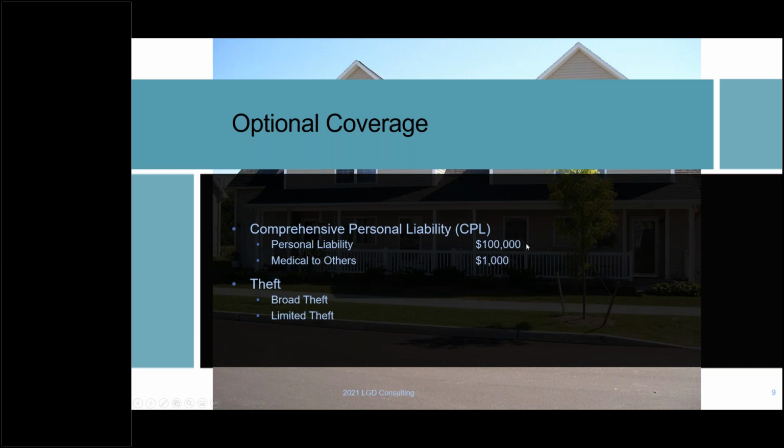It starts off with $100,000 of liability coverage. You can always buy more. And then you have $1,000 in medical expenses to others. You can always buy more. So liability covers other people on the premises, or basically injured because of your actions. For dwelling policy, this pretty much covers liability exposures associated with this location.